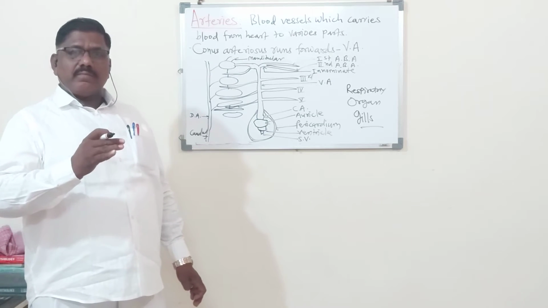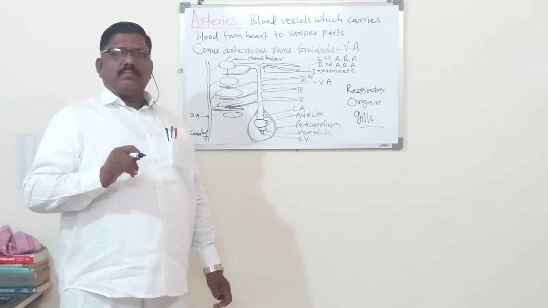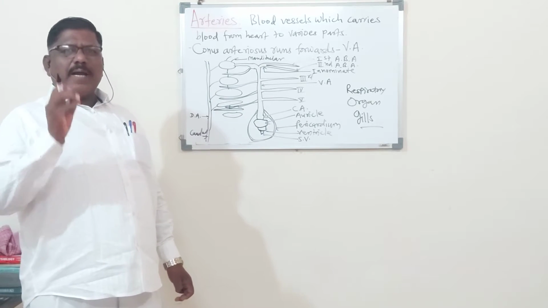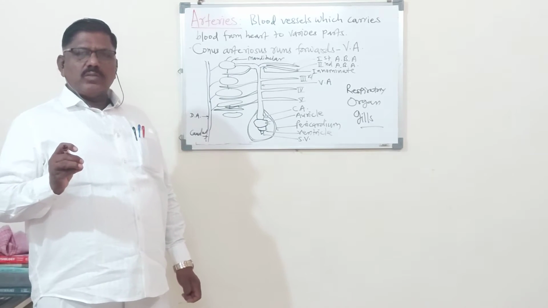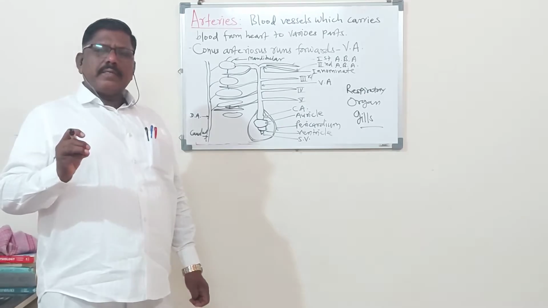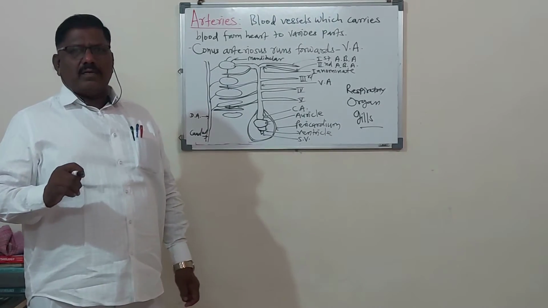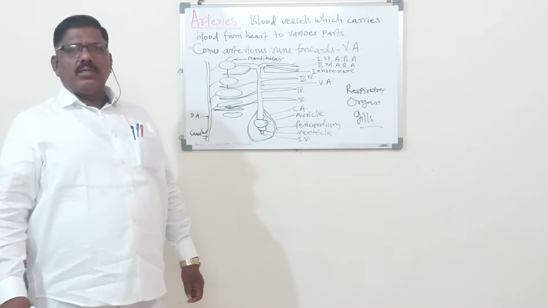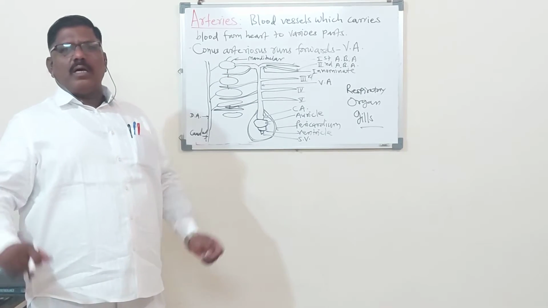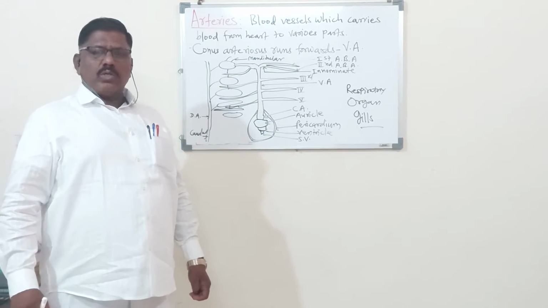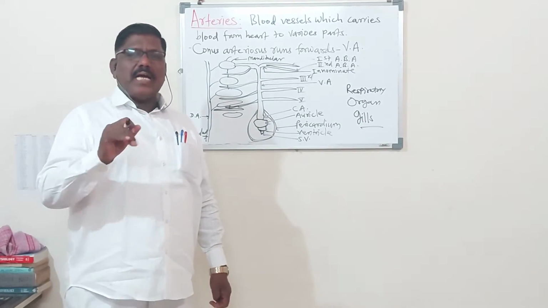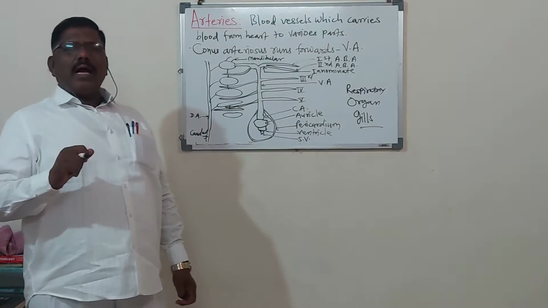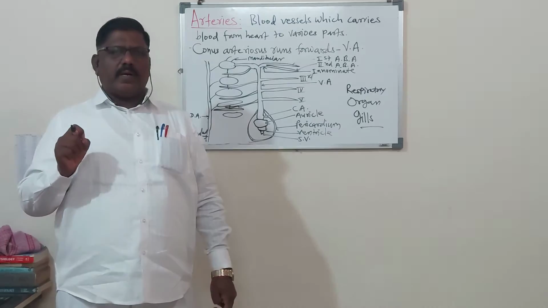Now that blood from that respiratory organ gets the force from the heart, pumping force, pumping action, towards supplying different parts of the body. So remember, arteries carry the pure blood and veins collect the impure blood.